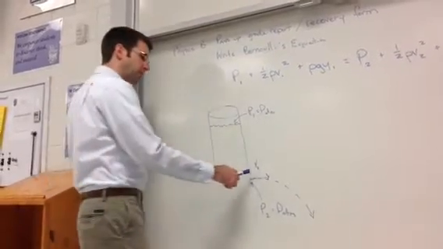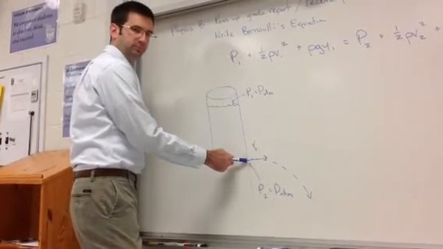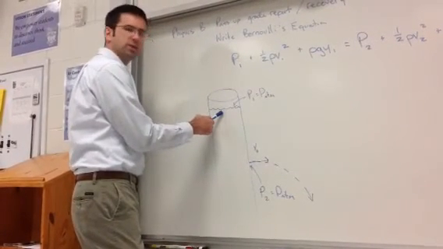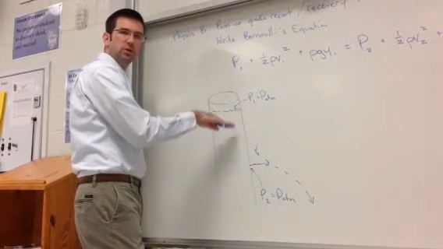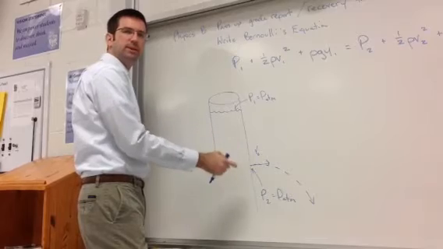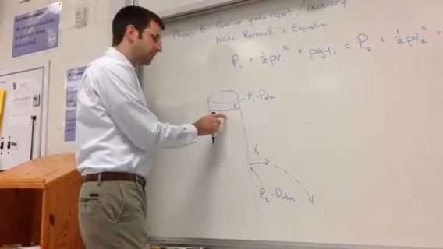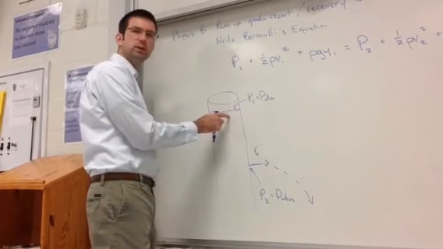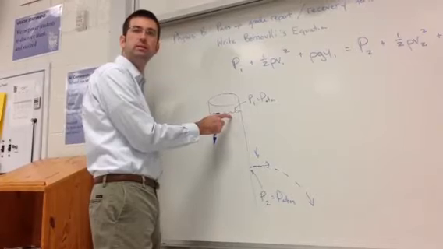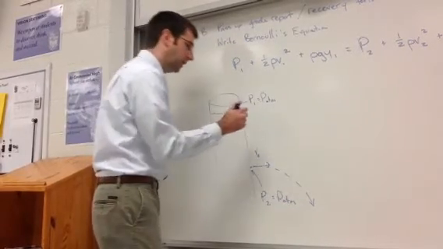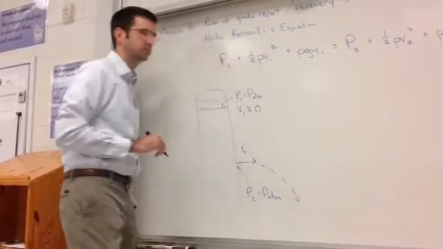We have a speed coming out of this hole. Now, if this is a very, very small hole and this is a very, very large container, of course over time, what's going to happen to this water level? It's going to decrease. Is it going to decrease very fast, though, if this is a very small hole in a very big container? No. And in fact, for this equation that you're going to learn called Torricelli's Law, we assume that the speed up here is so small that we can call it zero. So this V up here is approximately 0.